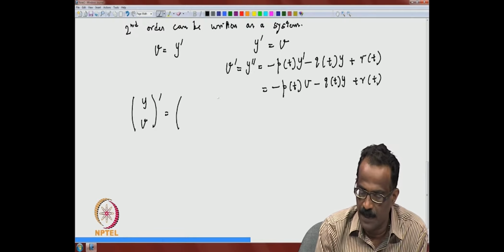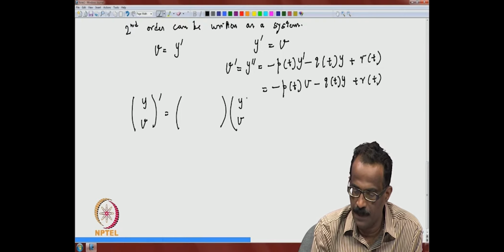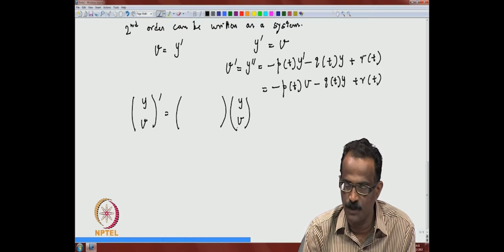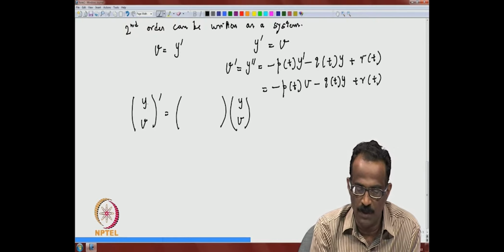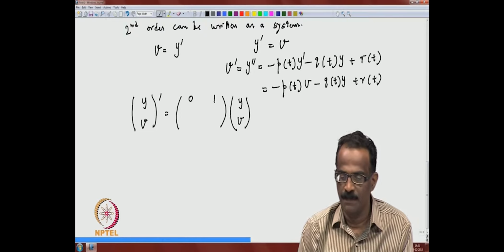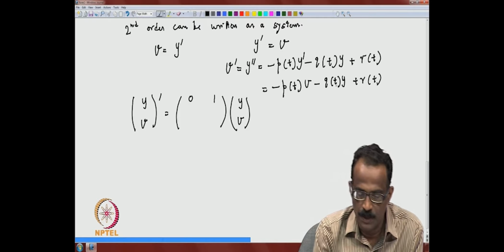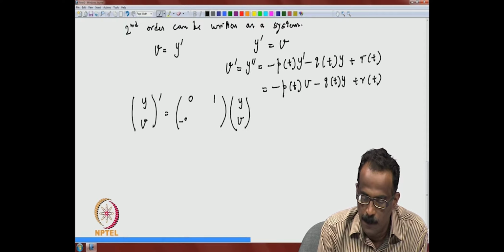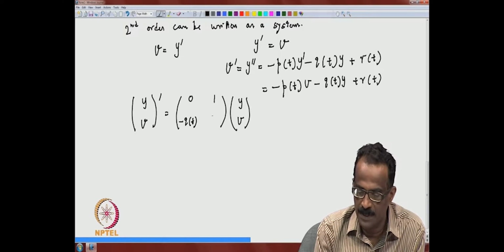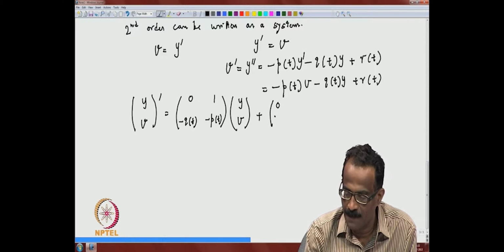I can write it in the matrix form. So, you have your y here, you have your v here. What do you want to get? First you get v here, so y prime should be v. So, this row will be 0, 1, and then for v prime, you want v and y, so you have minus q t here, minus p t here, plus you have your r t that will be of the form 0, r.